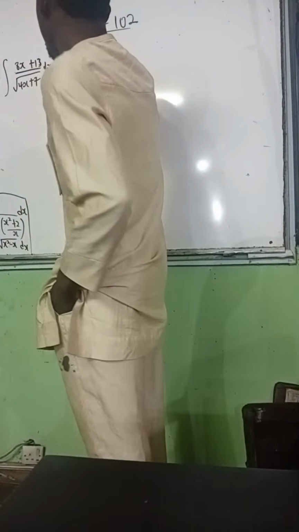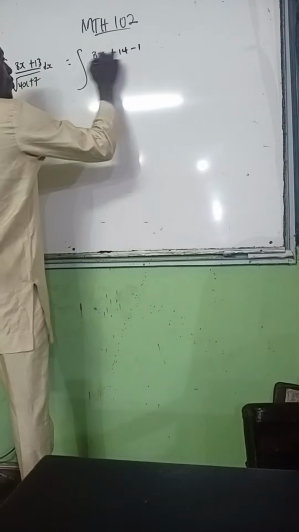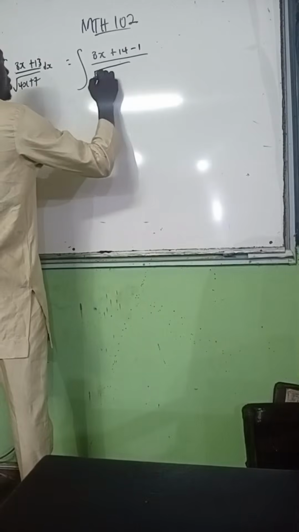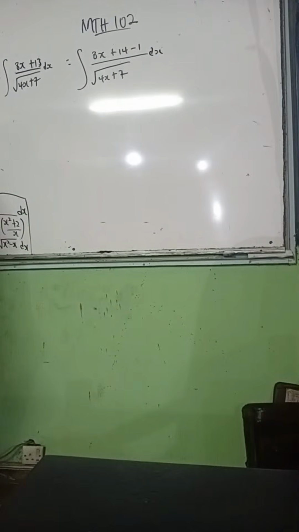If you do use substitution and say let u be this, you need something similar to this that is not the numerator. So we are going to manipulate the numerator. This becomes integral of 8x plus 14 minus 1 over root 4x plus 7 dx. 14 minus 1 is 13, isn't it?